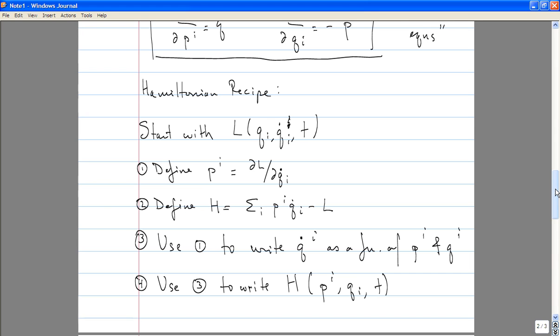And then the equations of motion of the system are Hamilton's equations. dH by dpi is qi dot, and dH by dqi is equal to minus pi dot.